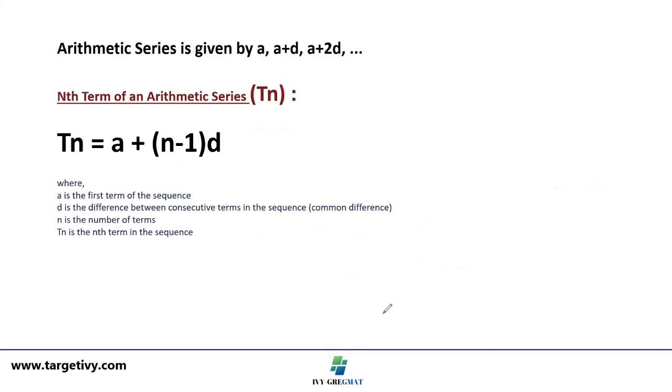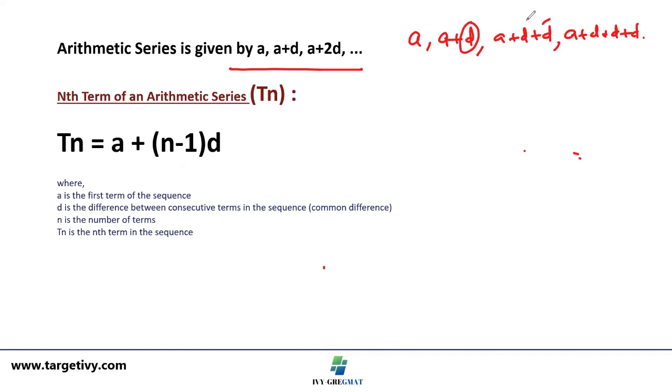If I put AP in a typical formula form, I can say the first term is A, the difference is D, then A plus D is the second term. The third term will be A plus D plus D. The fourth term will be A plus D plus D plus D. Every time I'm adding one D extra.